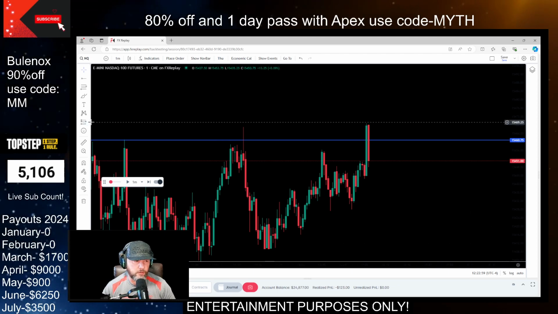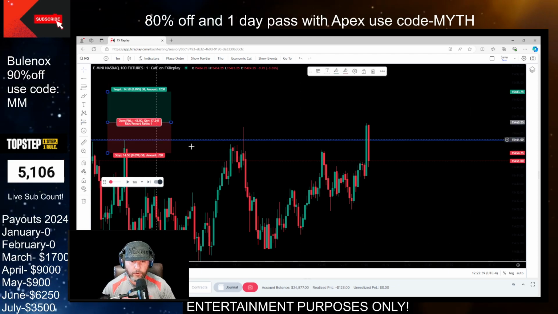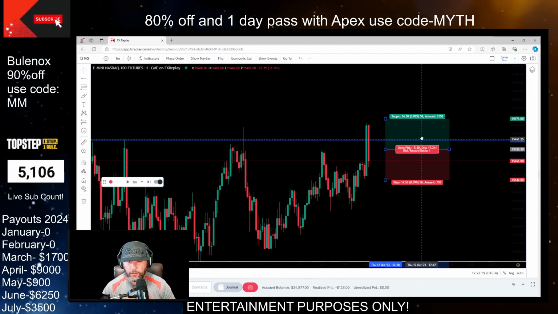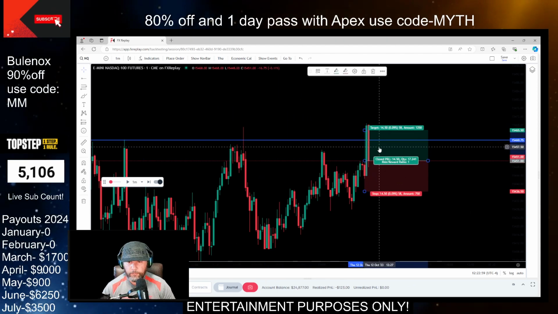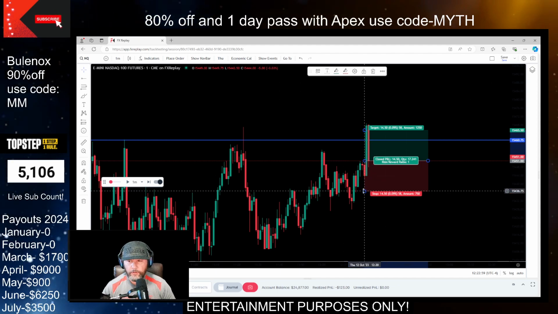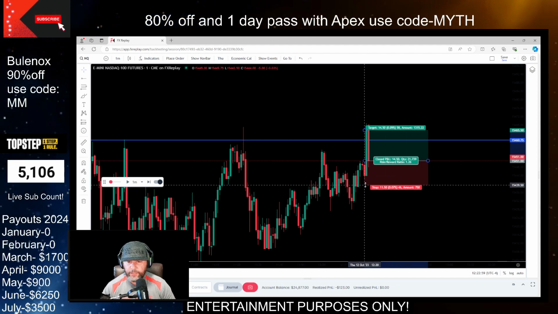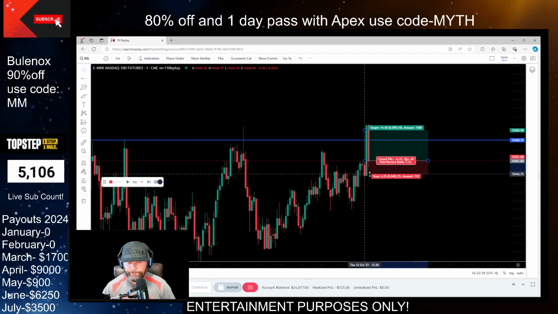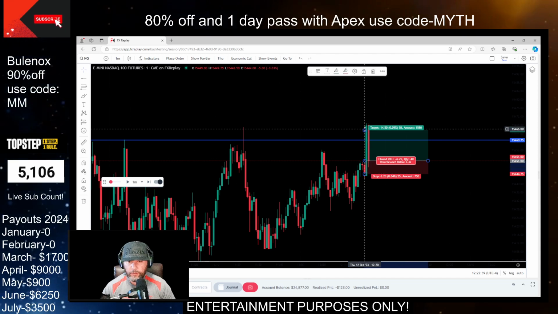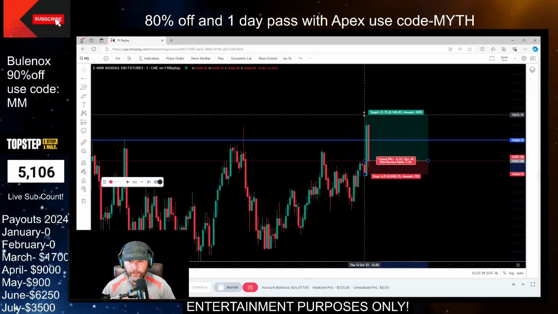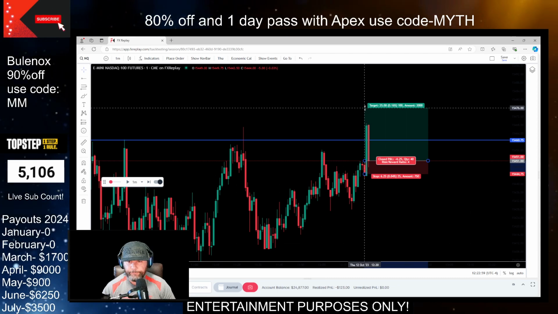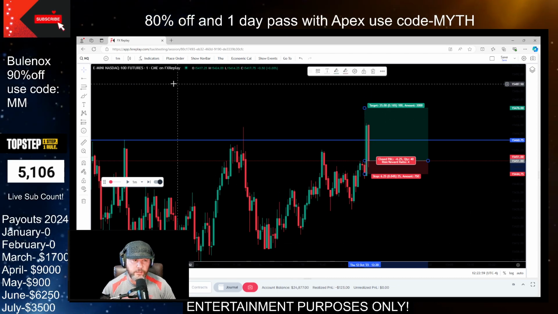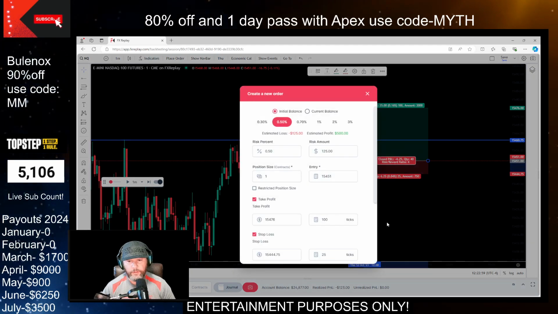So let's put this on long. We're currently 9 points down, so we need a 6-point stop and a 25-point target, because we should have been in already and we're not.